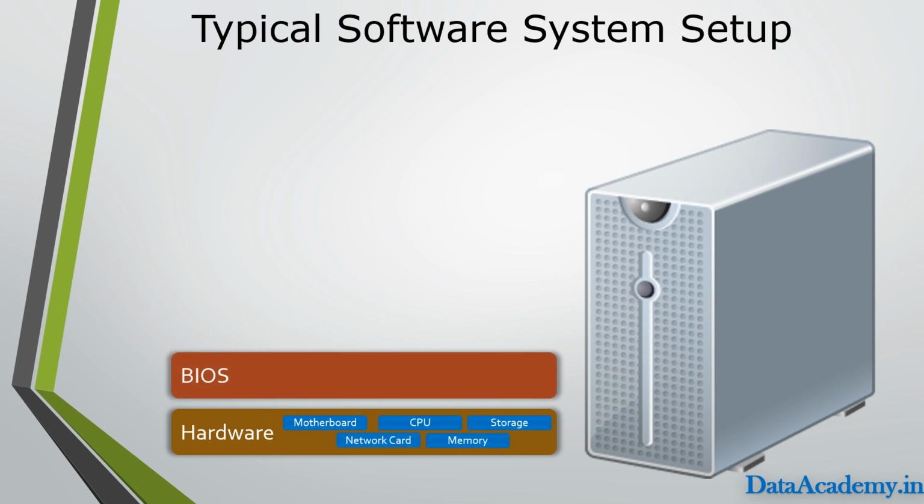Then comes the BIOS. Most of us don't use or are even aware of what BIOS is, but it's very much there. The operating system that we use, like Windows or Linux, cannot directly interact with the hardware.